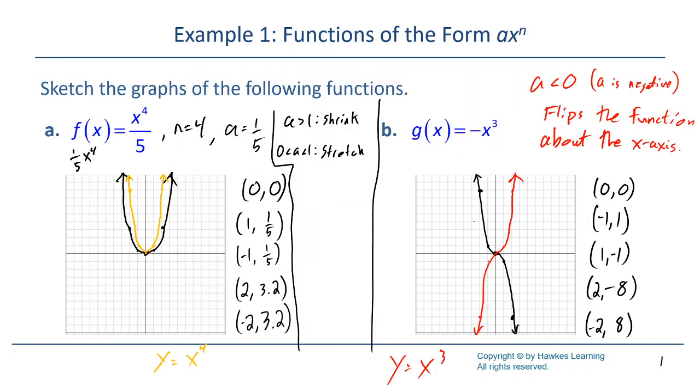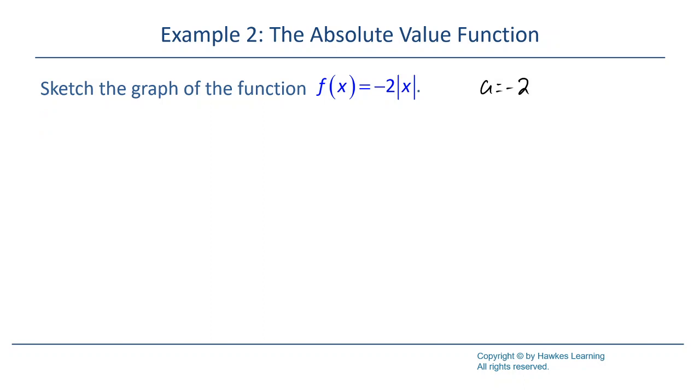Just to go back right quick. If it's greater than 1, it shrinks it. If it's between 0 and 1, it stretches it. So break it into two categories. What's the value of a ignoring the sign? Is it between 0 and 1, or is it greater than 1? And then go, okay, well, is that one positive or negative?